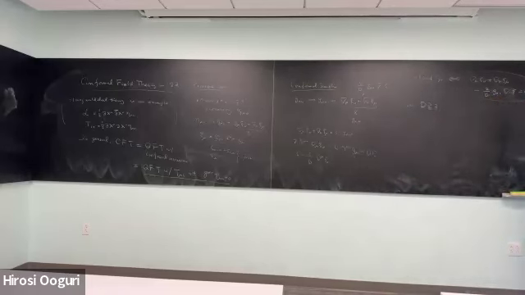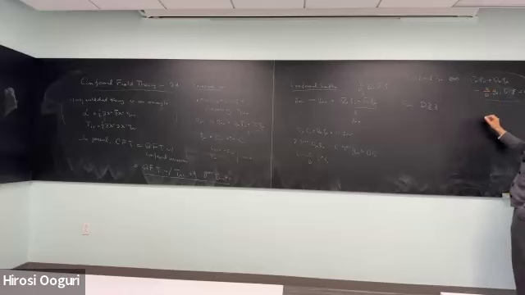But how many equations do we have? Well, we have a symmetric tensor. It's traceless because I chose it so that this has no trace. So that means that for symmetric, we have D times D plus 1 over 2 equations, minus 1 because it's traceless.